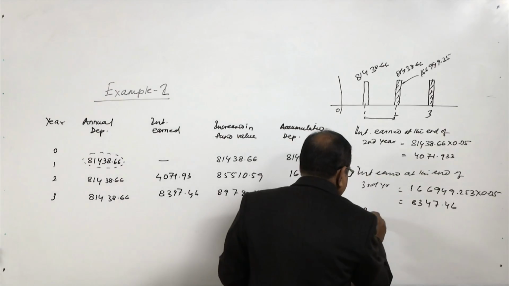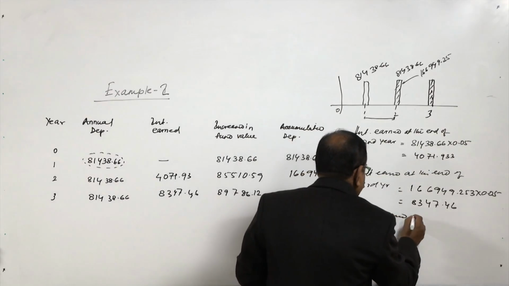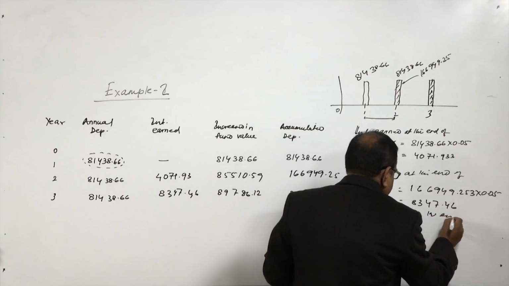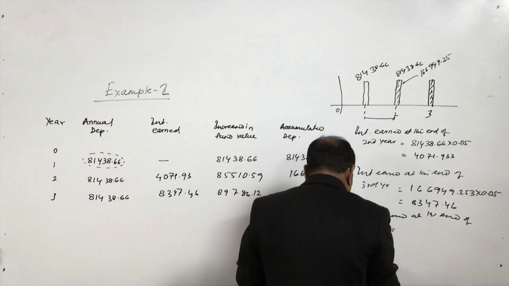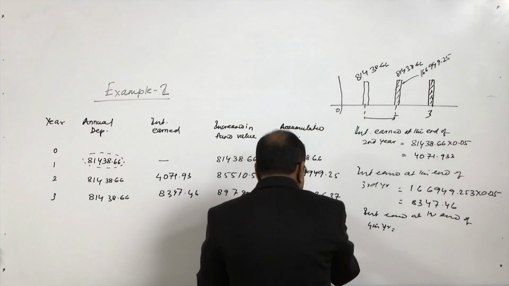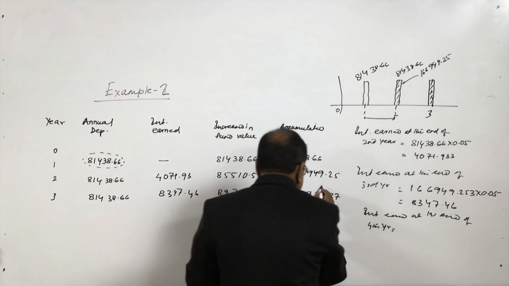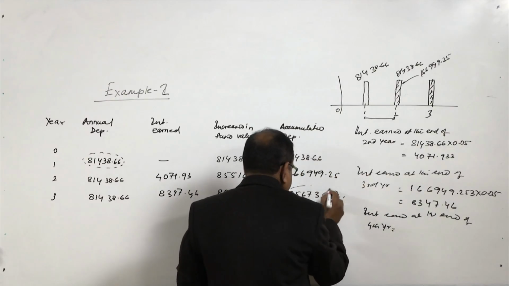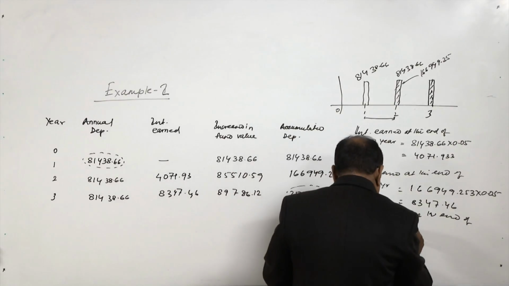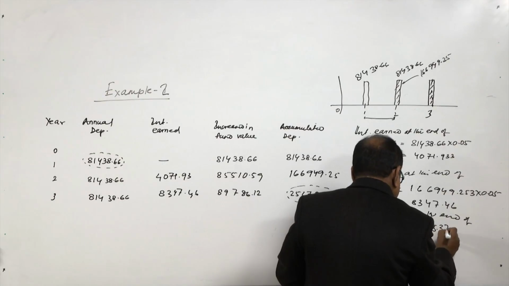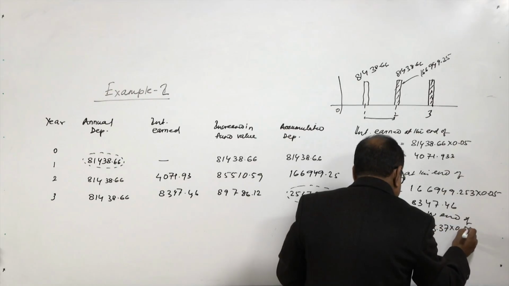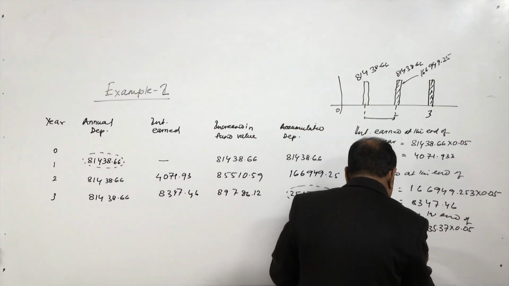So, interest earned at the end of fourth year will be equal to this value, that is 256735.37 into 0.05, which comes out to be 12836.77.